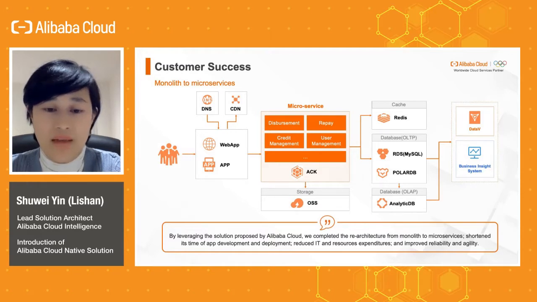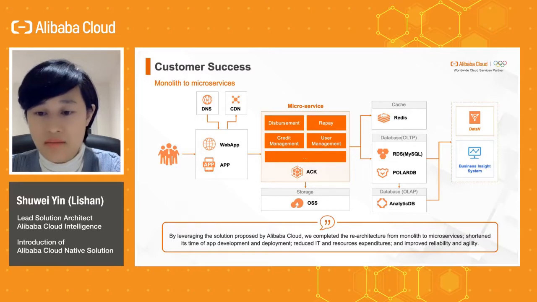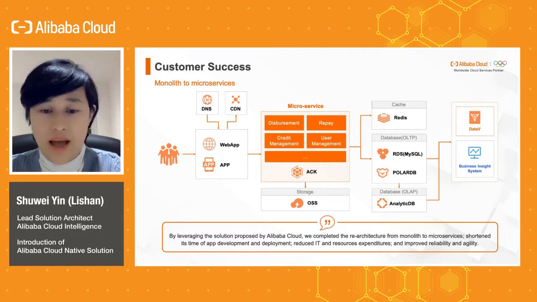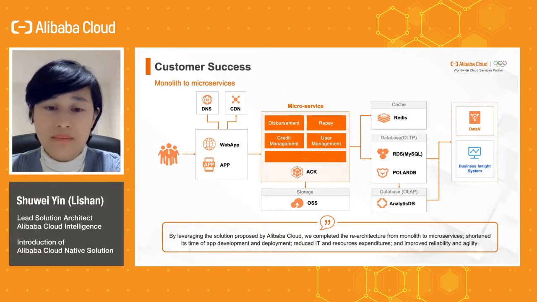On the customer side, by leveraging the solution proposed by Alibaba Cloud, we completed the re-architecture from monolith to microservices, shortened its time of app development and deployment, reduced IT and resource expenditure, and improved reliability and agility.